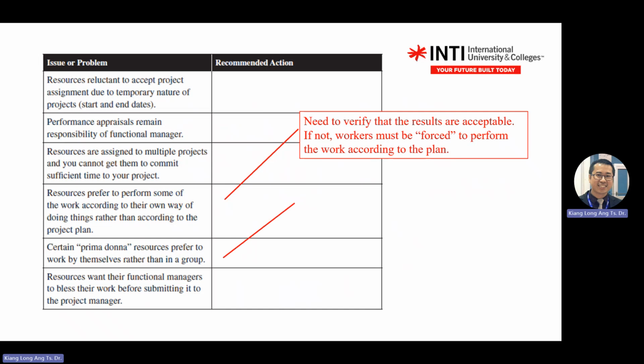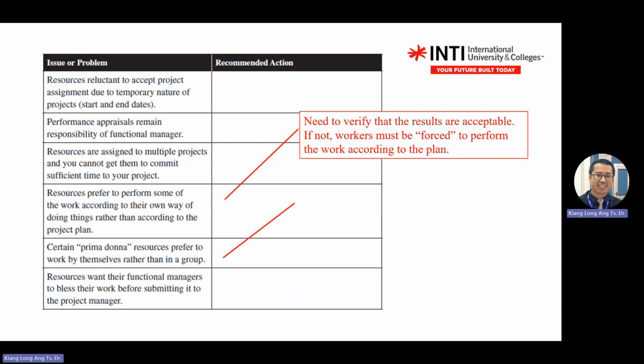Certain prima donna resources prefer to work by themselves rather than in a group. Prima donna, this one will be like a superhero, a Lone Ranger. They are so good in their area, they like to do their work alone. So what do you do with this kind of person? Prima donna means those Lone Rangers, but they are really good in their area.